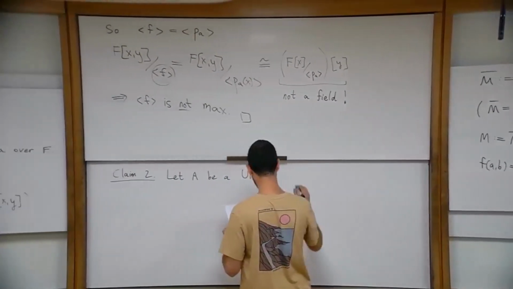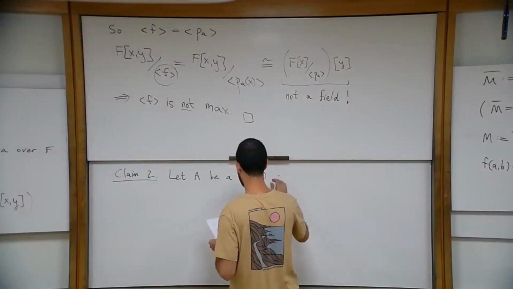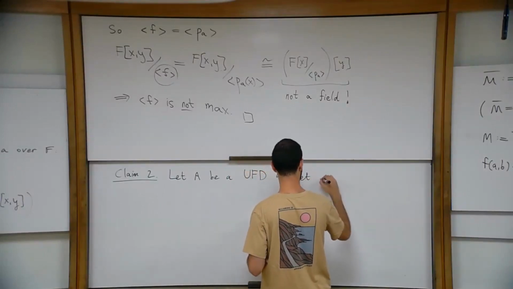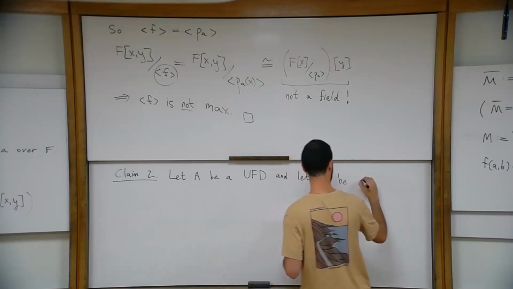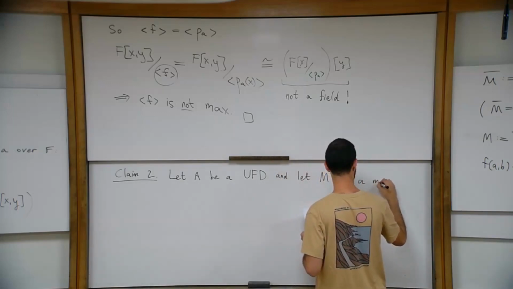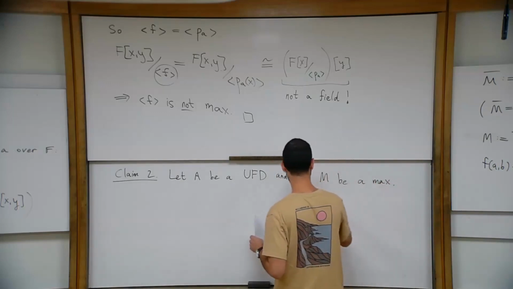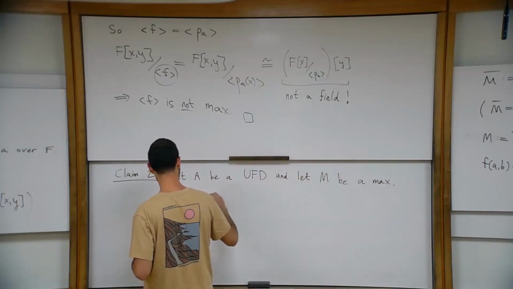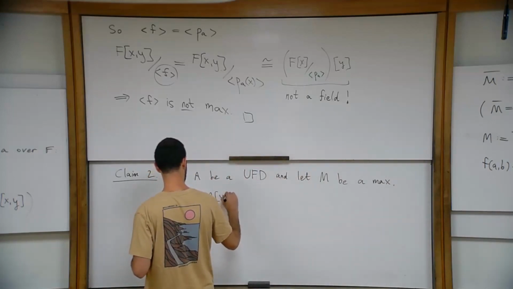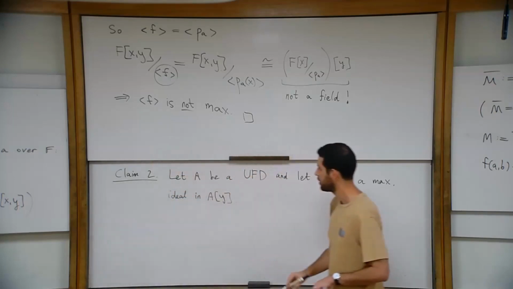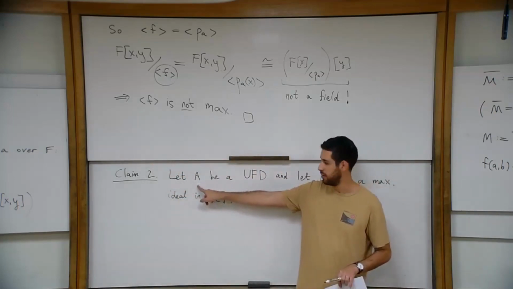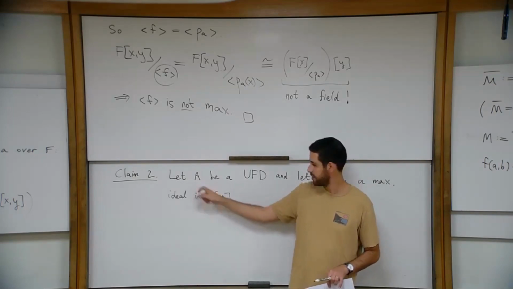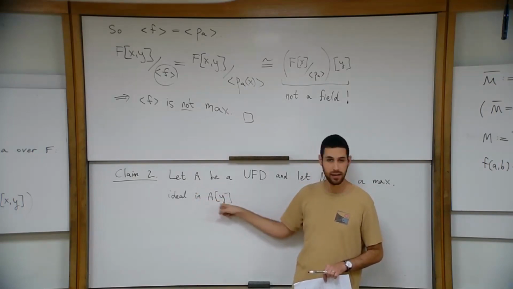So the claim is that A is a UFD, and let M be a maximal ideal in A[y]. So soon we will take A to be K[x], the ring of polynomials in one variable x, and then A[y] is K[x,y].